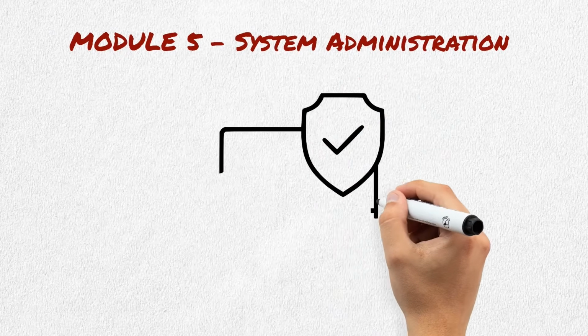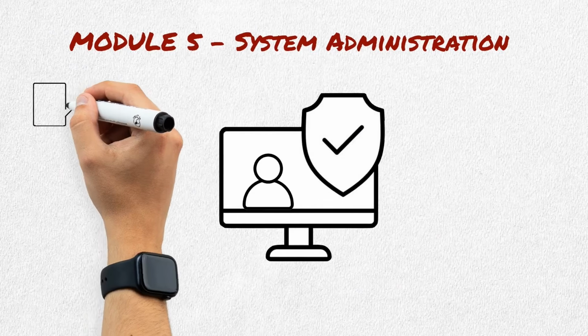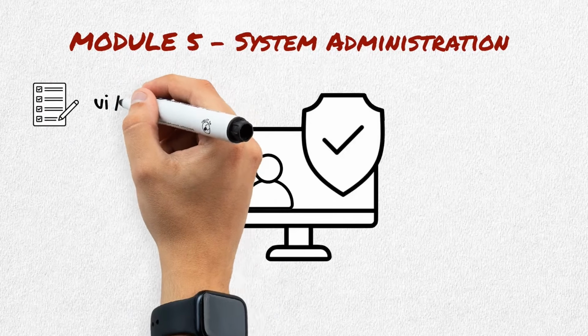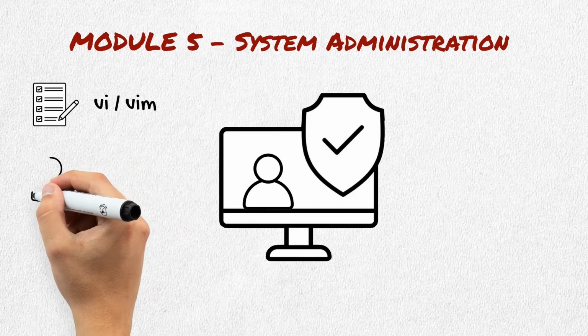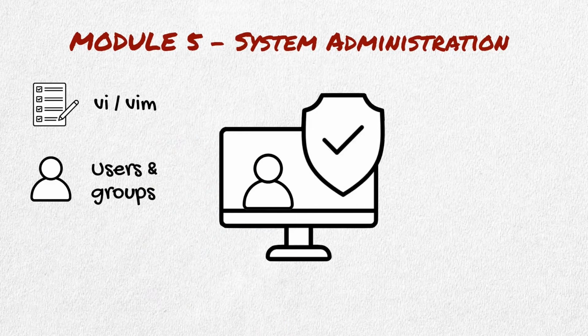Now we move into the core of real Linux administration. In Module 5, we shift from basic usage to the skills that system administrators use every day. You'll learn how to edit files confidently using VI and Vim, manage users and groups, and control administrative access using sudo and privilege management.